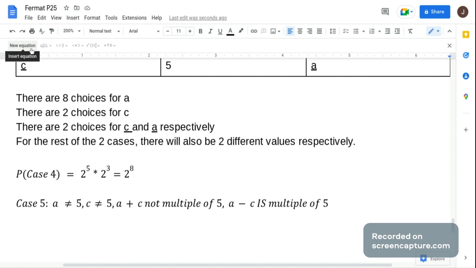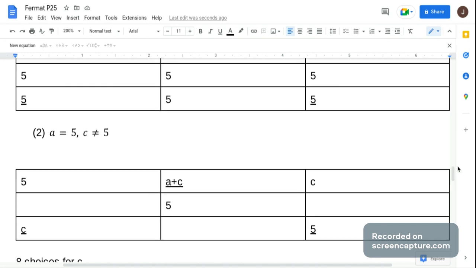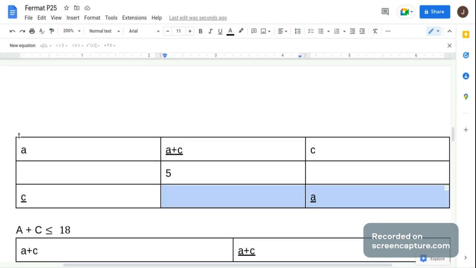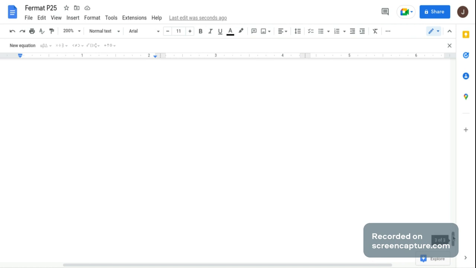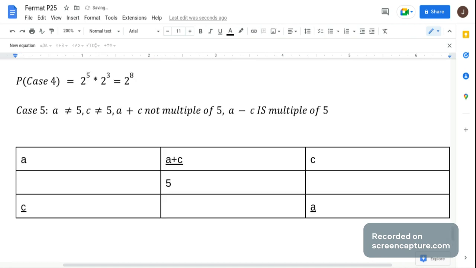So now let's look at this. We have this graph with us again. Just wait for a sec. Where is the original graph? Okay, it's here. So we have this graph with us again. We just start from the basics. A has 8 choices.